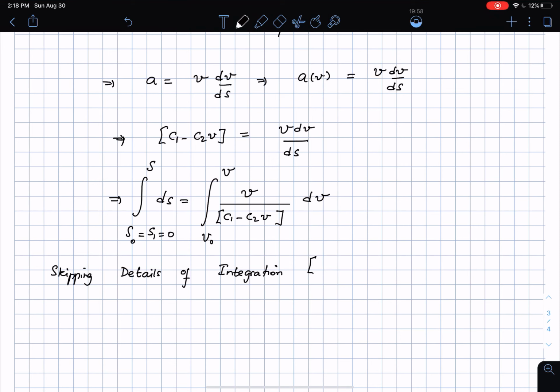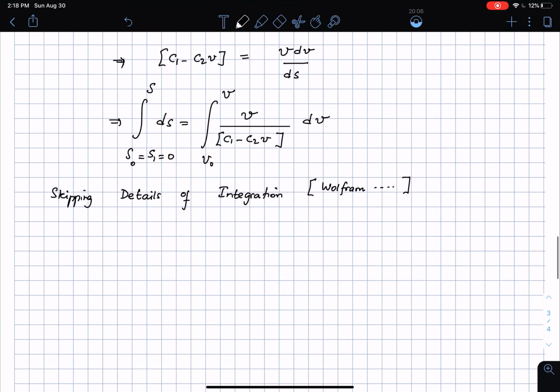Okay, you can use Wolfram. For these kinds of details, we are not interested in that. So from this I end up getting the following.